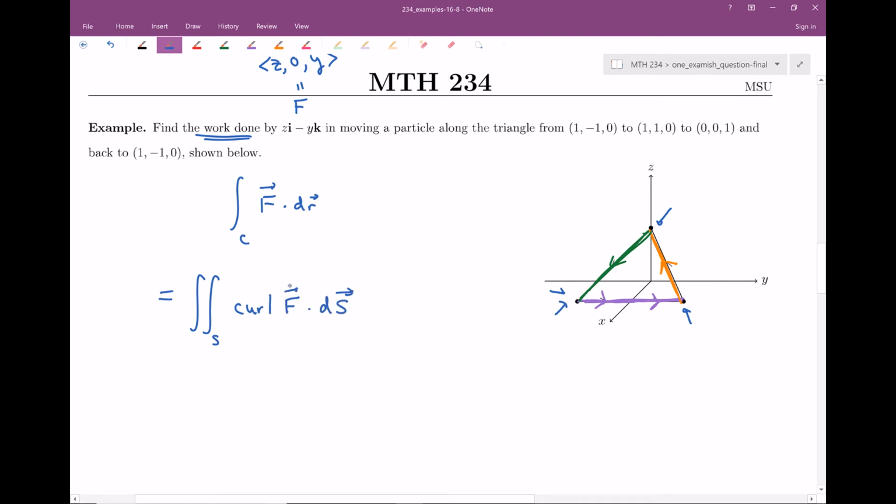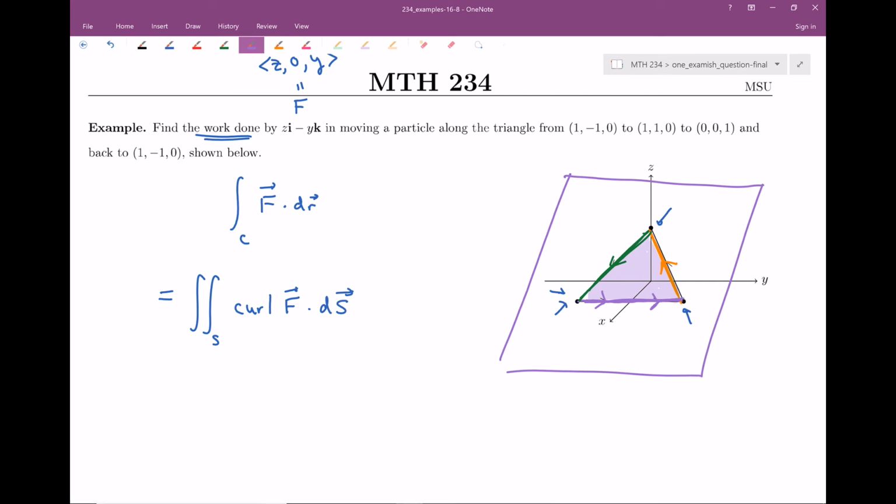In this case, the most natural surface that has the boundary curve C is the surface inside this triangle. It looks like a flat surface, so it's probably a piece of a bigger plane, and we have just the piece of that plane bounded by this curve.